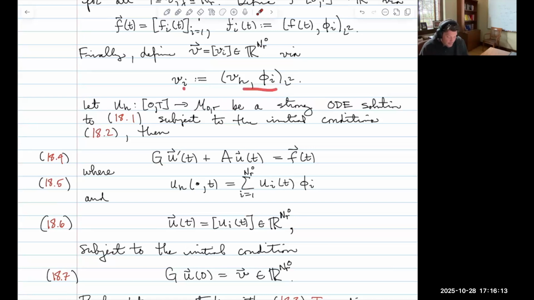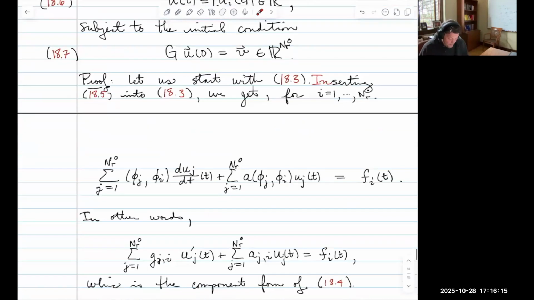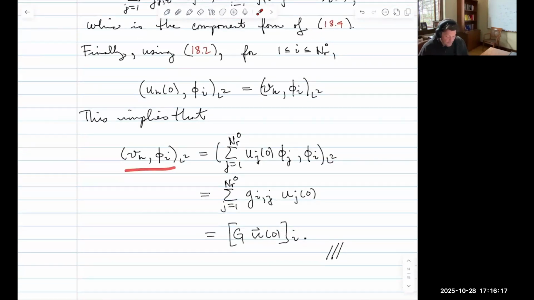The ith component for that vector v is exactly that. That's what we have here. So this is just v_i, right? And then the conclusion is that you just have G times U_0 equals vector v. We can conclude that right away because we know that this is just v_i by definition. And that's exactly what we wanted to show.